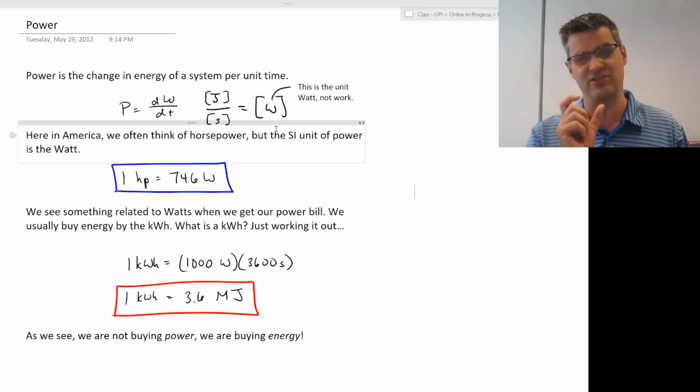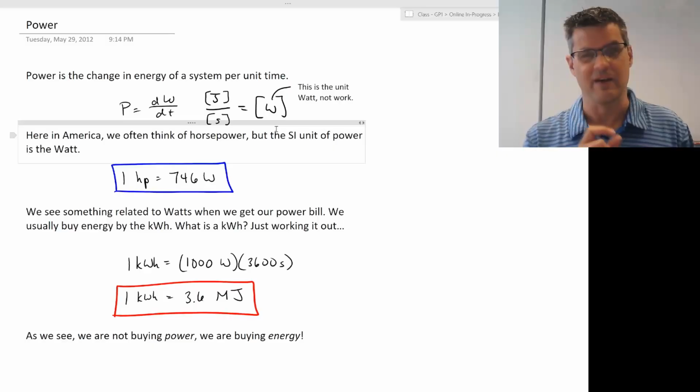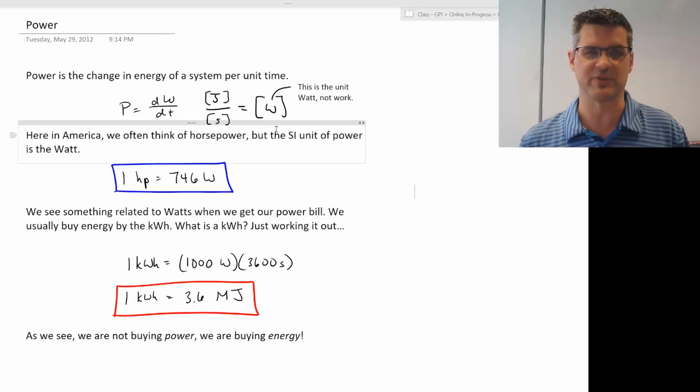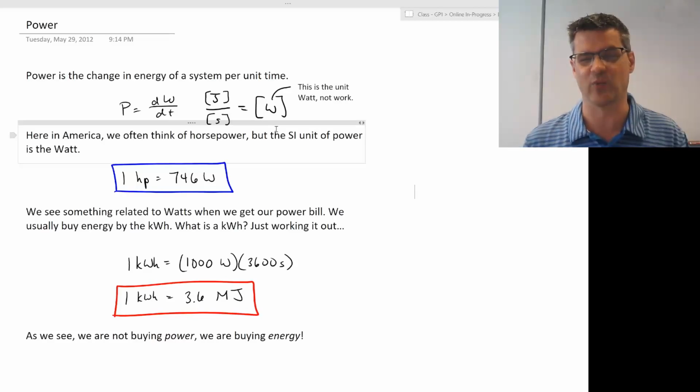So it really is a change in energy per change in time. And so this is going to have units of joules per second. Joules per second has a special name in SI as well. This is something that's called the watt. And the watt is a unit of power, W. This is not the work.